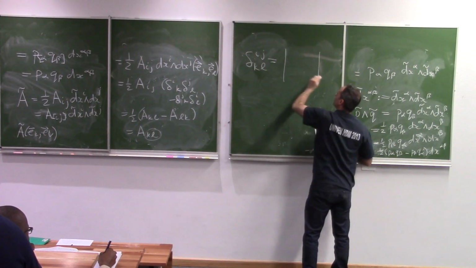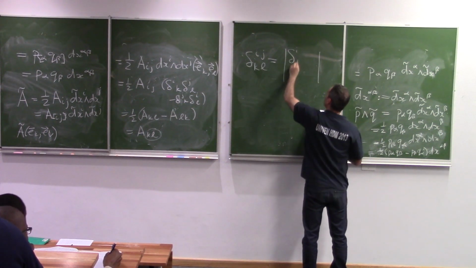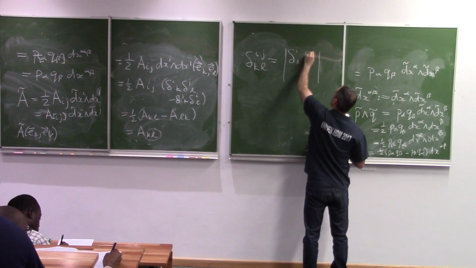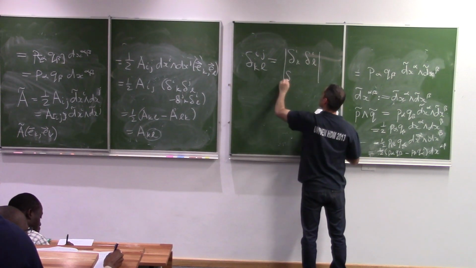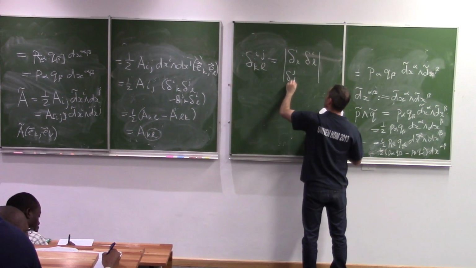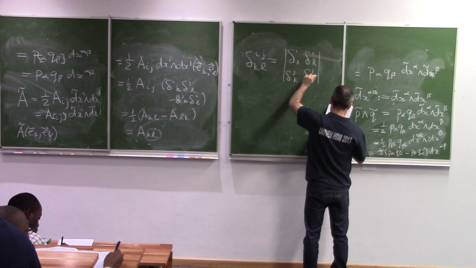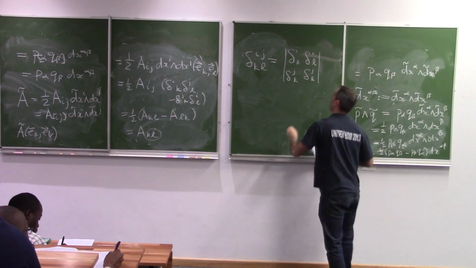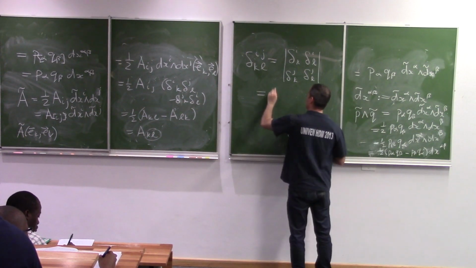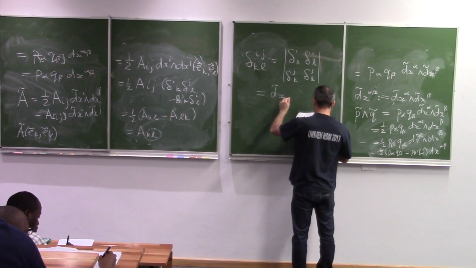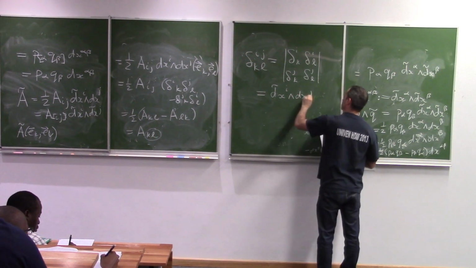So this will be a determinant, and you get all the indices. And as we've just seen, this is equal to what I get when I feed in my basis forms.